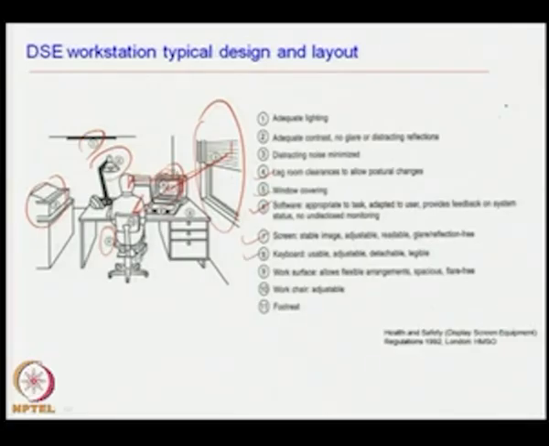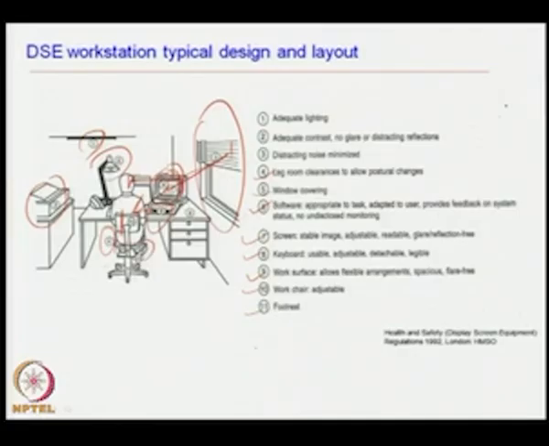Number 8, the keyboard: usable, adjustable, detachable, legible. Then number 9 is the work surface, this tabletop surface, allows flexible arrangements, spacious, glare free. Number 10 is chair height adjustable, backrest adjustability, and the footrest, if it is necessary it can be provided.